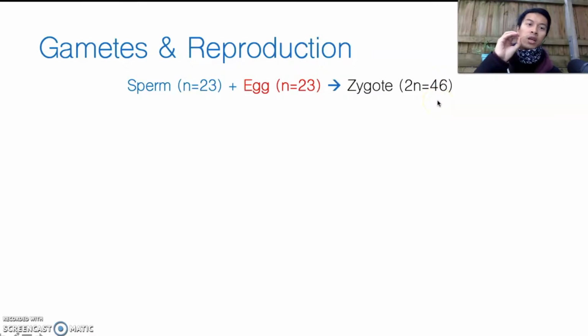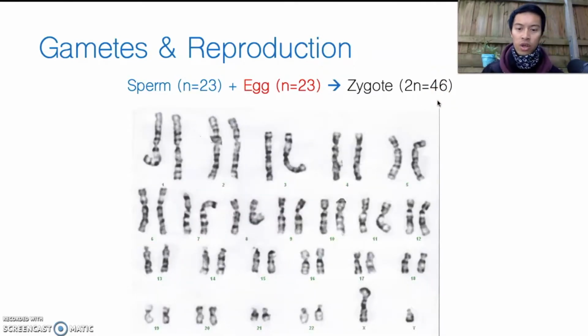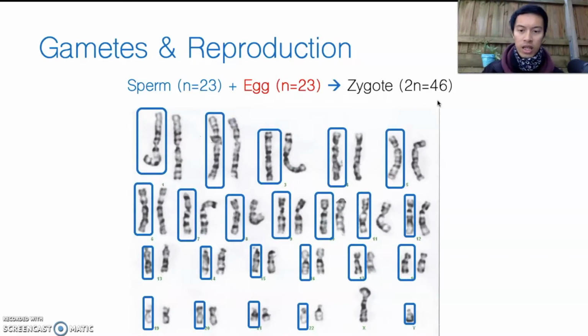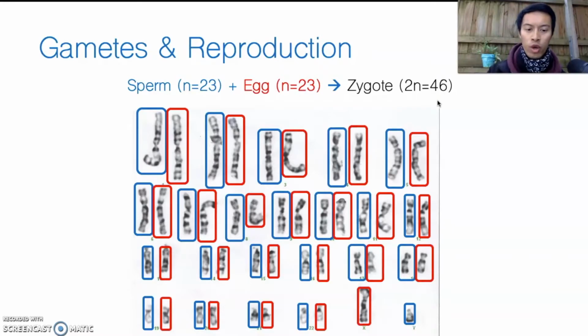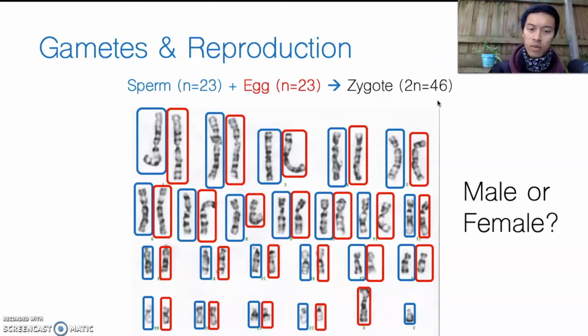So 46 is the number of chromosomes in a new cell in the individual. In a karyotype, let's say this is a new individual. These chromosomes in blue probably belong to the sperm, and these ones in red belong to the egg. Just for kicks, see if you can determine whether this individual is a male or a female.